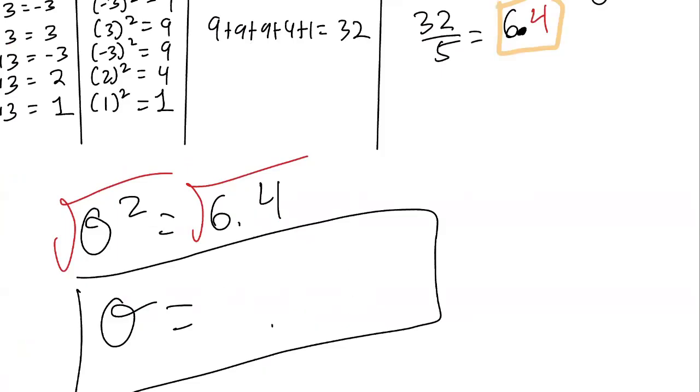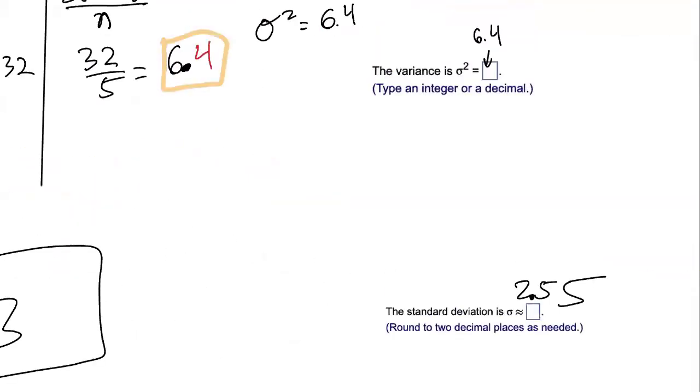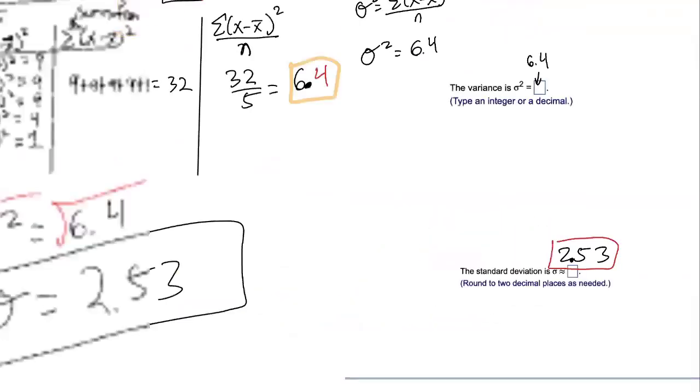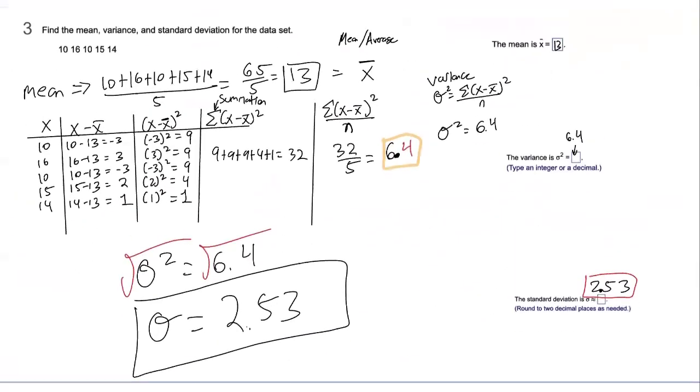Let's see, the square root of 6.4 is 2.53. You have to be as accurate as possible. So 2.53 is the correct standard deviation for number 3.